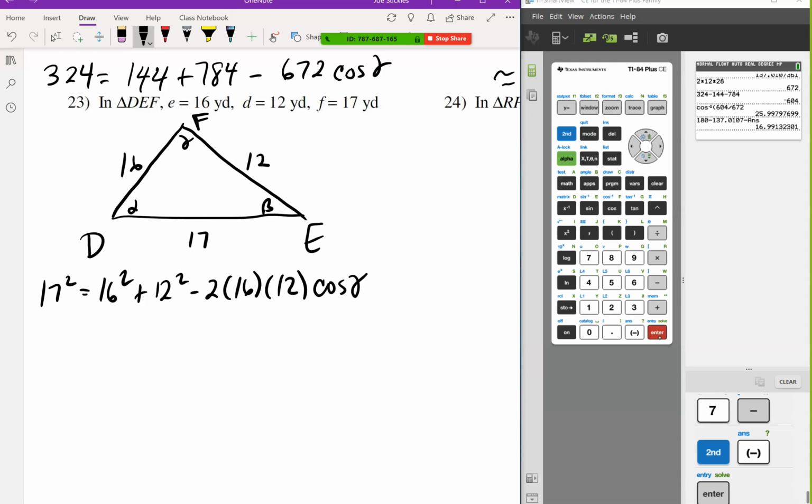And again, the pieces that correspond are the opposite angle and side; the other 2 sides are how we fill in the rest of the formula. 17 squared is 289. 16 squared is 256. 12 squared is 144. And let's see, 32 times 12 is 384.